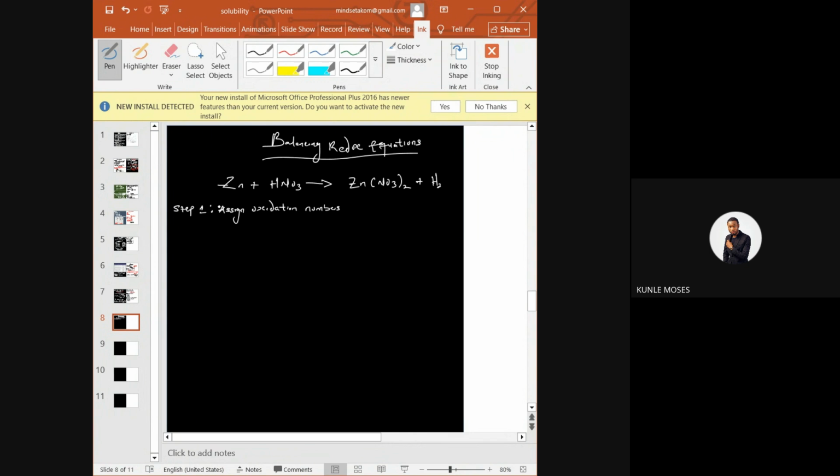Zinc is an element in its natural state now, so zinc is 0. What is zinc here, on the product side? That's +2.